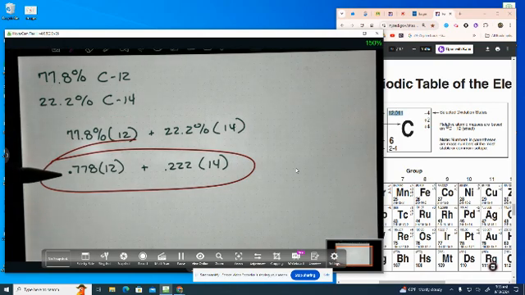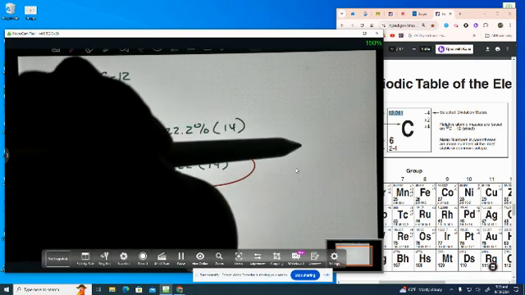You don't even have to solve it. Okay? We are going to solve it, but the Regents usually will say, show the correct numerical setup for calculating average isotopic mass or average mass. Okay? This is on every single Regents.